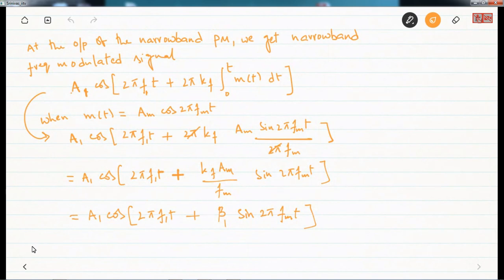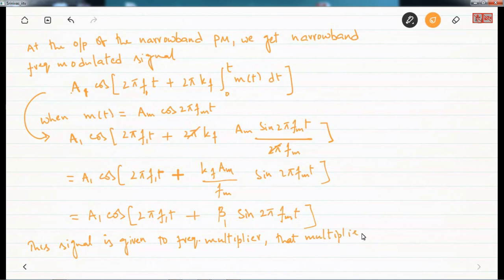So this signal is given to a frequency multiplier that multiplies the frequency of the input signal by n times, right?